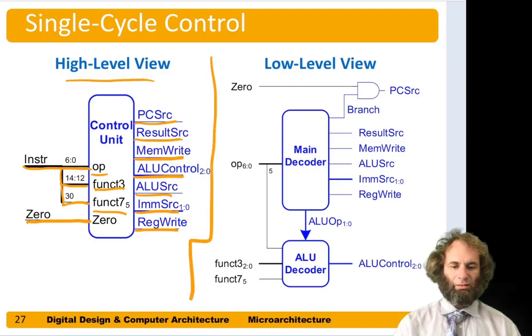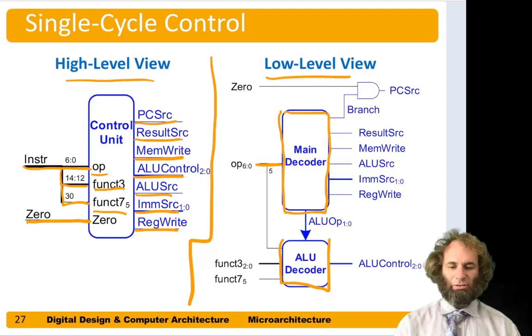So let's break this controller down at a lower level into 3 pieces. A main decoder that just looks at the opcode, figures out what type of instruction it is, R type, I type, S type, etc., and provides most of the control signals.